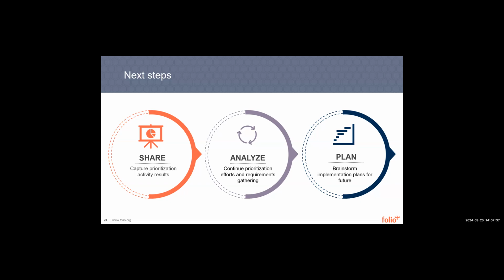We have to tease out what impacts which libraries, and how we want to consider that in our prioritization efforts. So there's a lot of work to be done to gather requirements and continue fleshing these out. And once there's a better understanding of requirements and use cases, at that point, we can start planning our implementation plan and move forward.